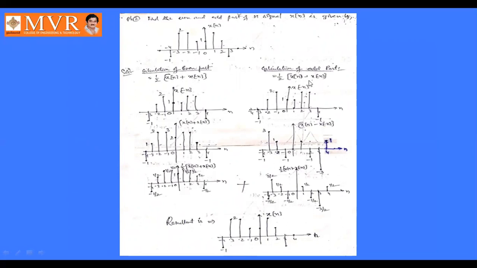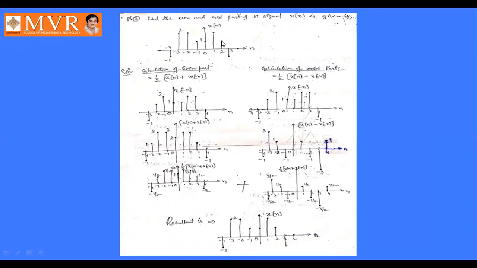Similarly, calculation of the odd part: x of n minus x of minus n, and half of x of n minus x of minus n. By adding these two, this plus this, we will get the resultant, that is nothing but our given x of n.